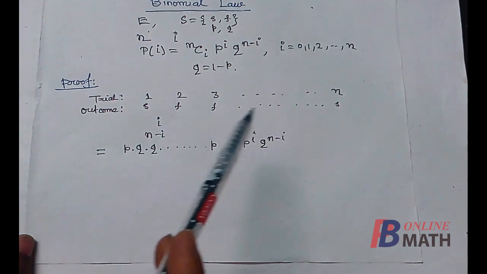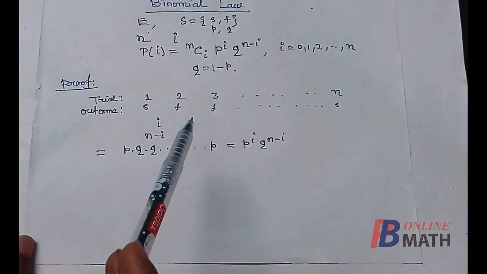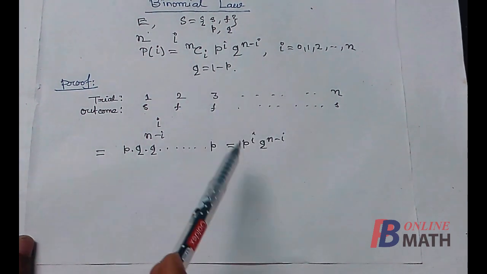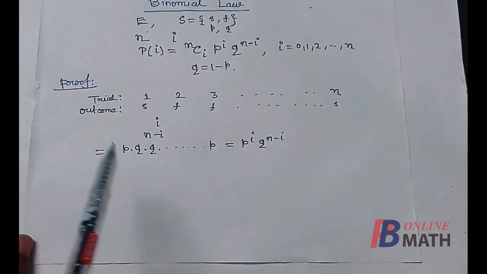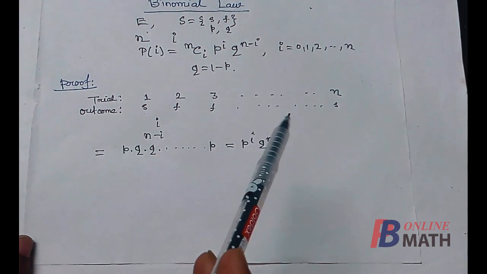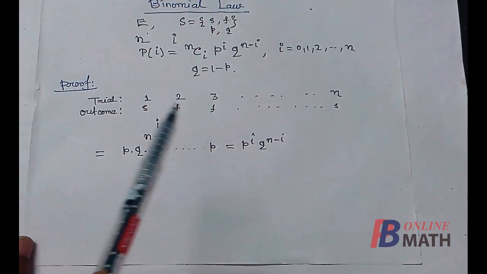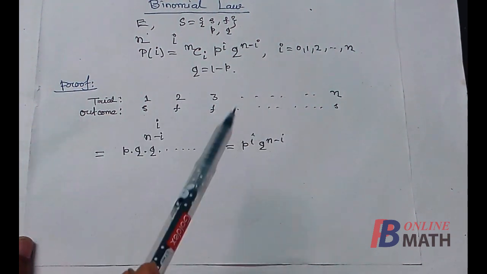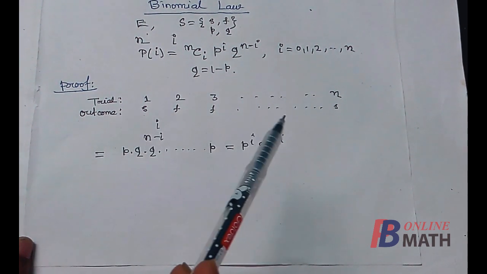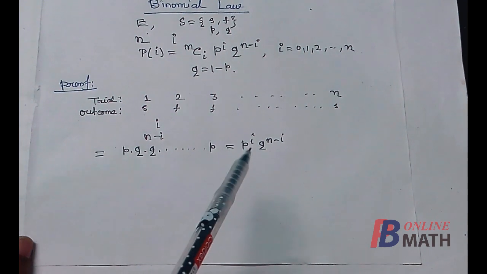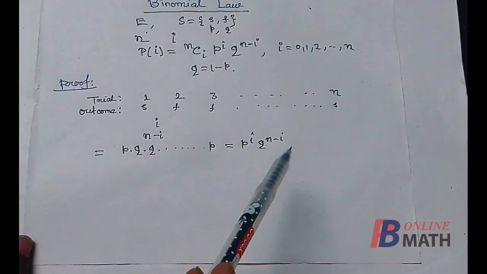So if we make one more permutation of successes and failures, then again the probability of that event is equal to P to the power I and Q to the power n minus I. Because if we consider another permutation, then the positions of successes and failures will be changed, but the number of successes and number of failures will be unchanged. Therefore in that case also the probability of that event should be P to the power I, Q to the power n minus I.